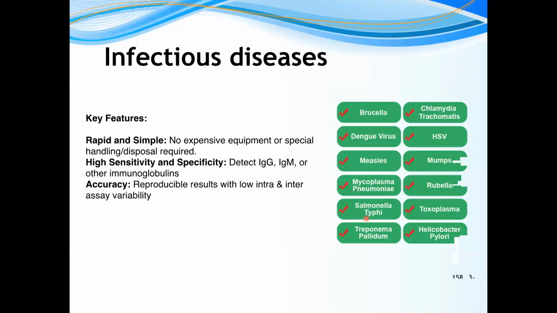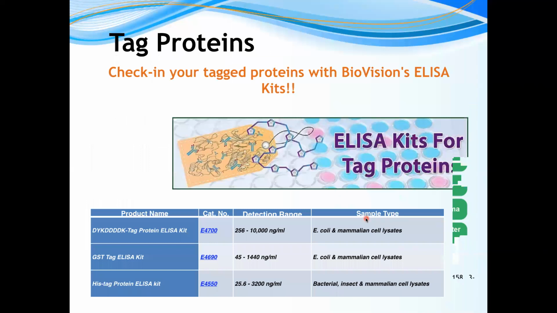Next category in our portfolio, another very new category that we have recently added, is the ELISA kits for protein tag proteins. Currently we offer ELISA kits for three different tag proteins: FLAG tag protein, GST tag, and His tag.